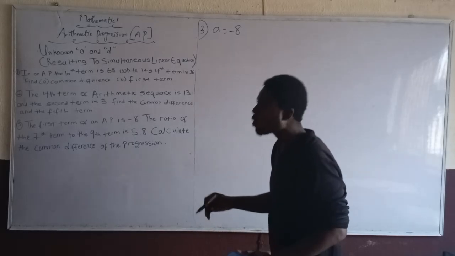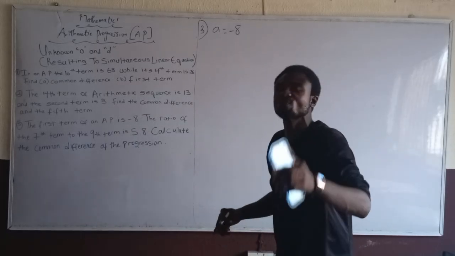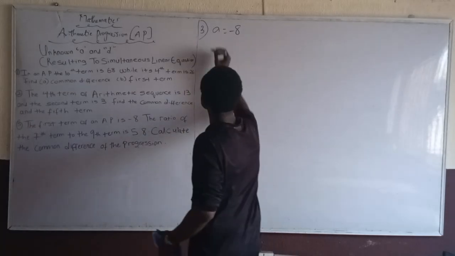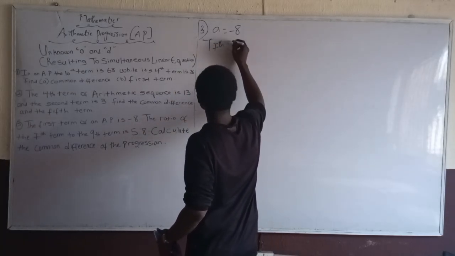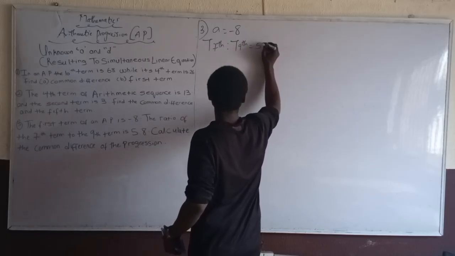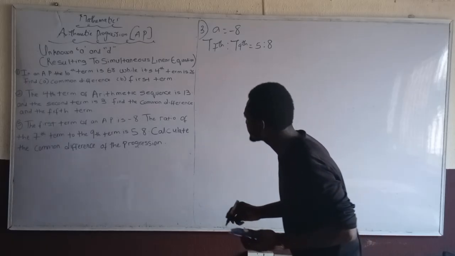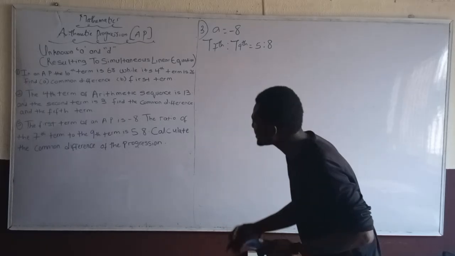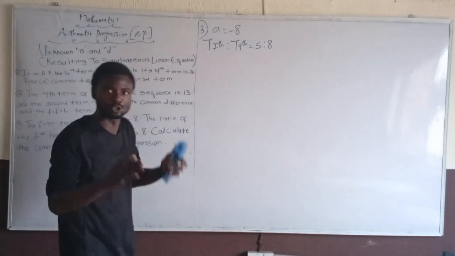And the ratio of the 7th term to the 9th term is 5:8. Ratio, that is T7 to T9 is 5:8. Calculate the common difference of the progression. Now, ratio means division.